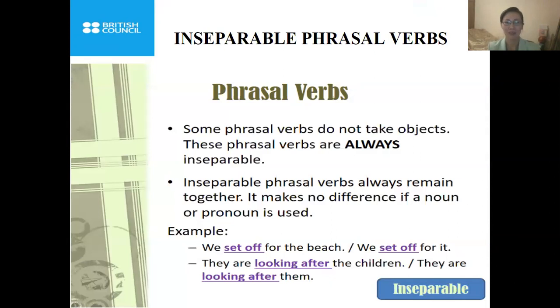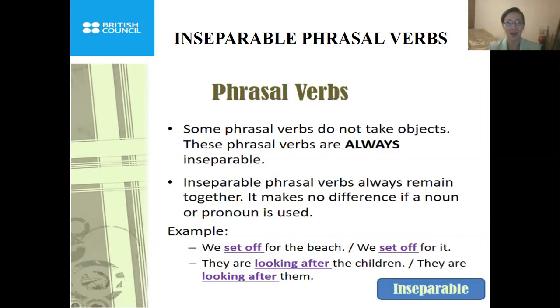Let me please explain what is a separable phrasal verb. It is a type of phrasal verb when we have a verb plus object plus preposition. Separable means when a phrasal verb may have an object in between.